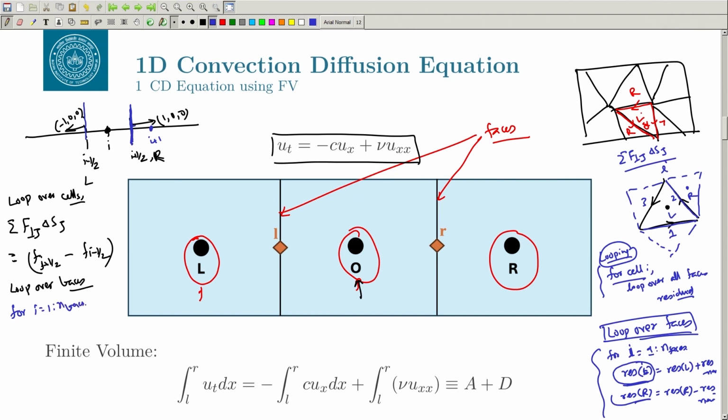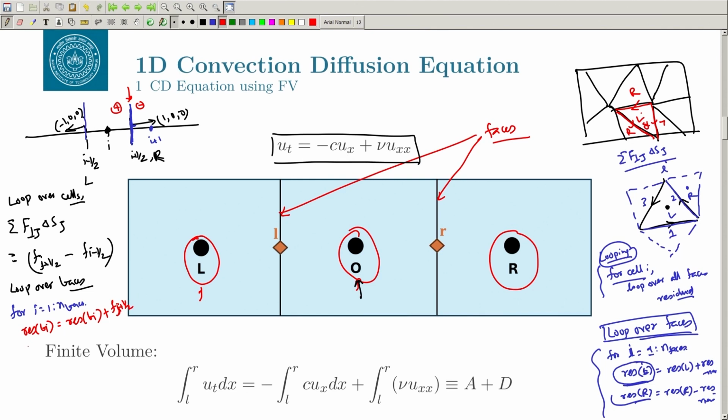On this face what will happen? This will add to the left. For this particular face, this is adding to the left and subtracting from the right, right. So, if I am looping over faces, my residue in i will be residue in i plus f at i plus half, right.